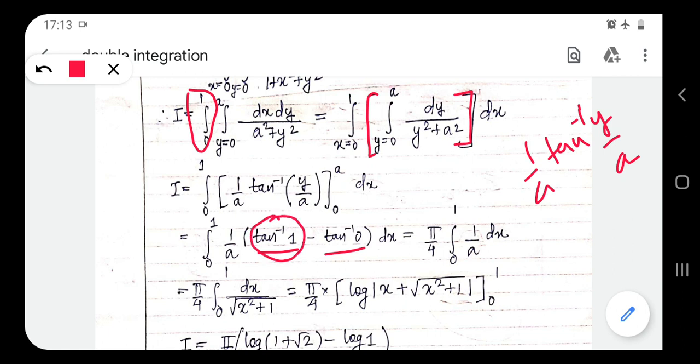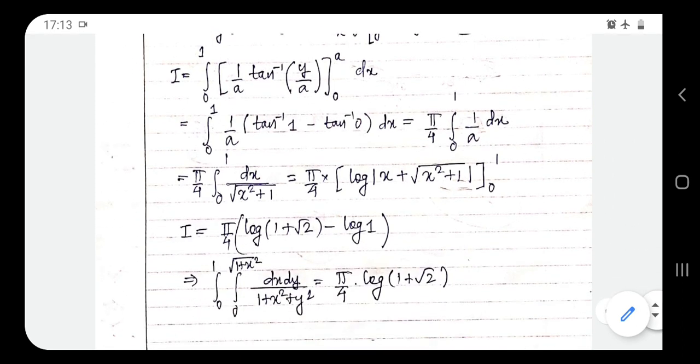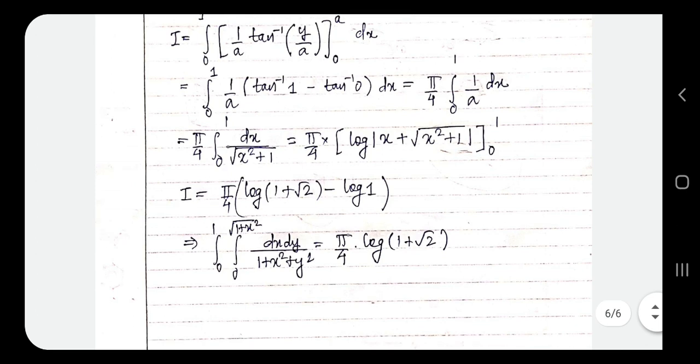So tan inverse 1 is pi by 4, 45 degree, and tan inverse 0 is 0, so that term goes. This is constant, so it will jump outside like pi by 4. So pi by 4 outside, and what is left over is the integration 0 to 1 of dx upon a.